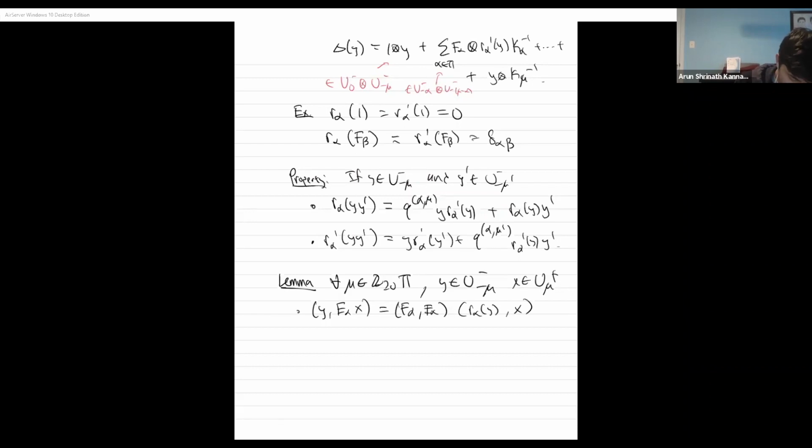That's one. And the other one is y paired with x e alpha is equal to f alpha e alpha paired with R alpha prime y paired with x.